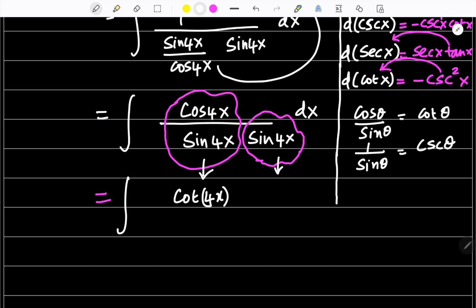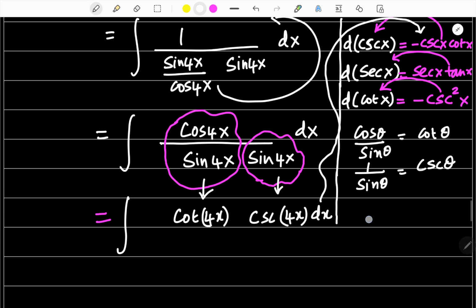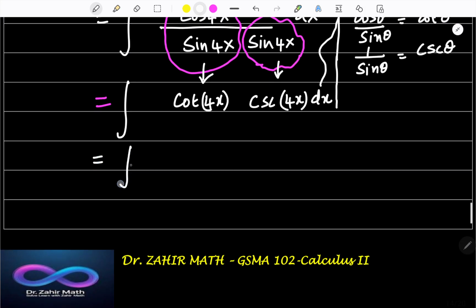And this is 1 over sine 4x, which becomes cosecant 4x dx. Now slowly look into this one. There is a chance of getting the same setup. So I'm going to write it as integral cosecant 4x and cot 4x times dx.